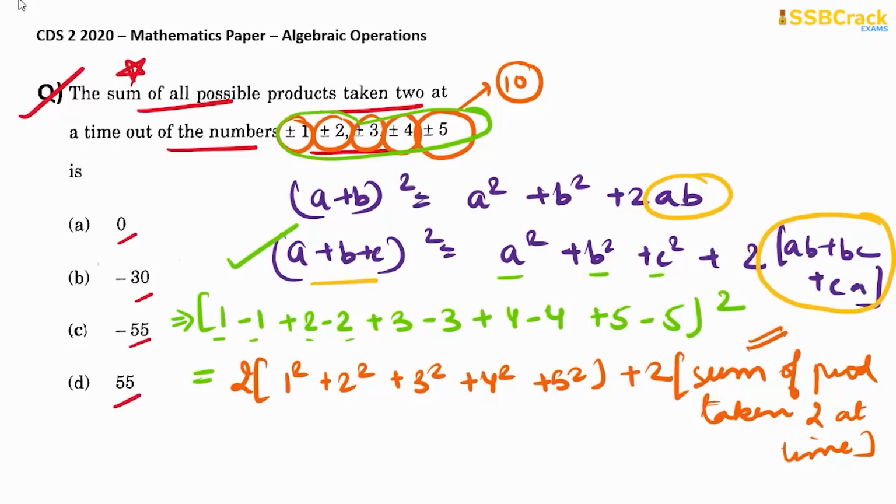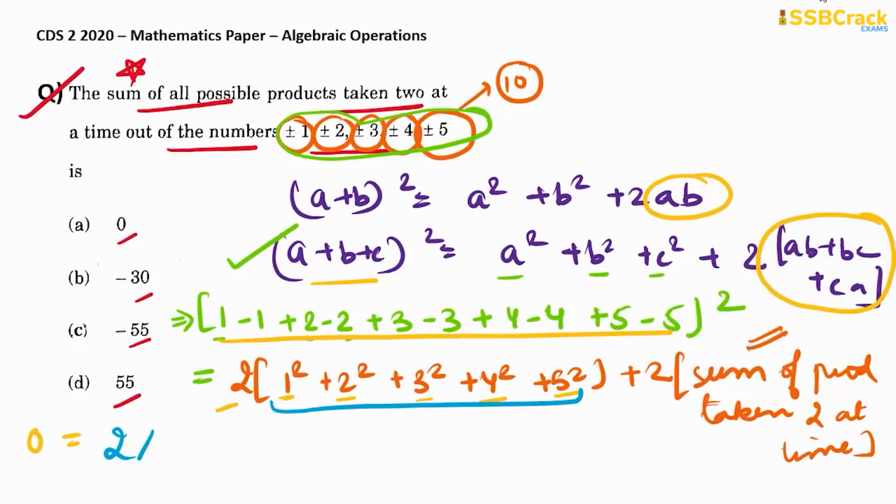Now we can easily do this. In the LHS we can see that this will become 0. So it will be 0 equals 2 into 1 square plus 2 square plus 3 square plus 4 square plus 5 square. This will directly be equal to 55. You can calculate it yourself. So it will be 2 into 55 plus 2 into, we can let this whole thing be x, which we are required to find.